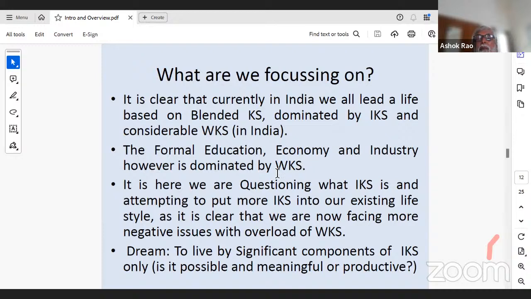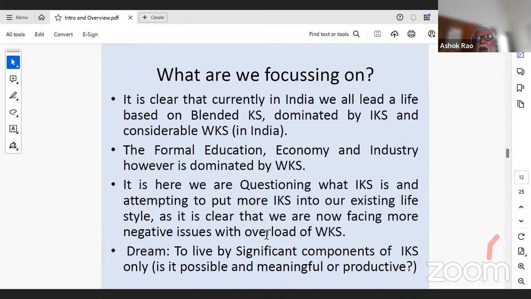The formal education, economy, and industry, however, is dominated by this. It is here we are questioning what Indian knowledge system is and attempting to put more Indian knowledge system into our existing lifestyle, as it is clear that we are now facing more negative issues with overload of Western knowledge system.